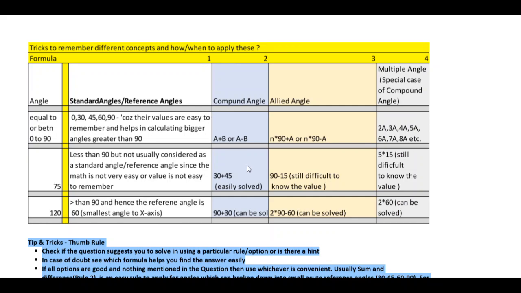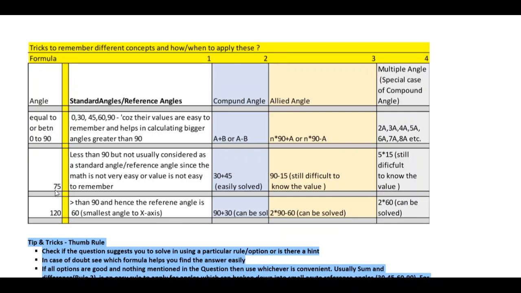Typically it is used when the angle is definitely bigger than 90, and any angle bigger than 90 can be easily broken down into two smaller angles, possibly reference angles, for which we can calculate the values. So that's how compound angle typically comes into play.